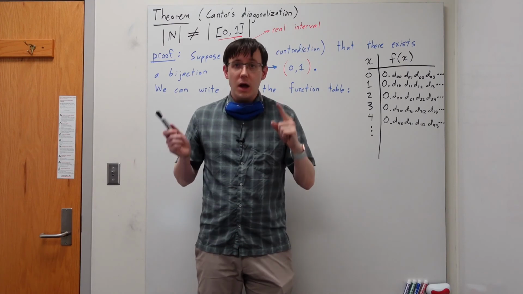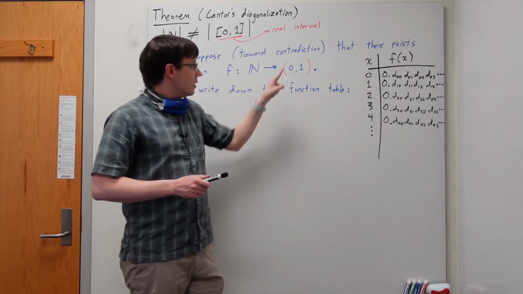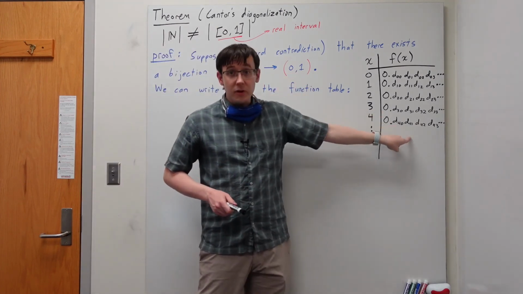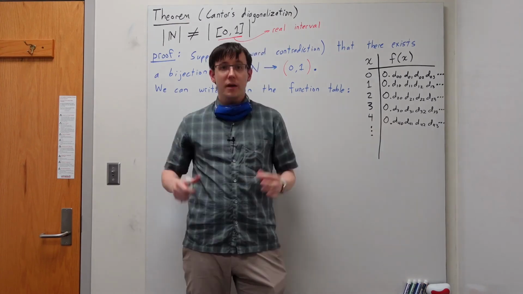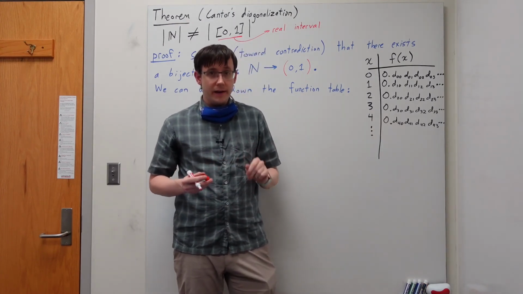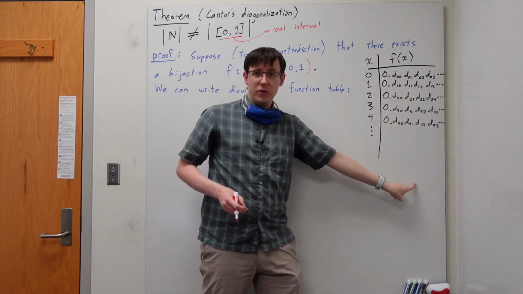And so now I want to show that there is some number that is part of this interval that is never an output of this function. And I can do that by specifically constructing a number that is different from every single entry in the right-hand column.